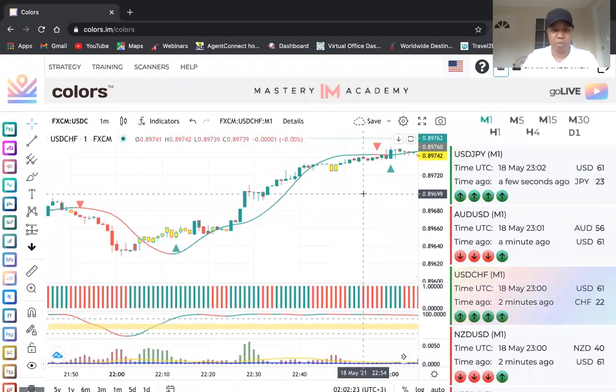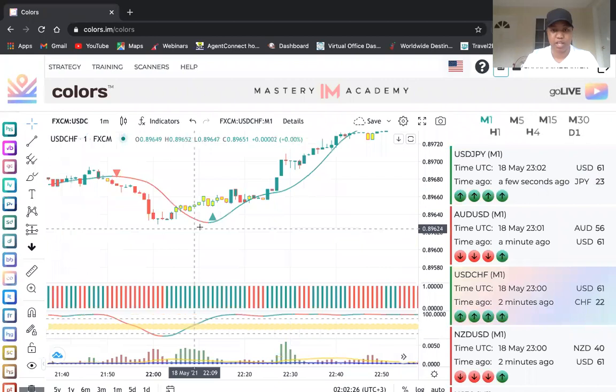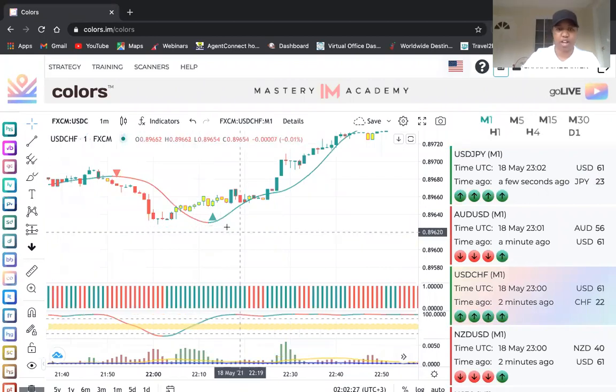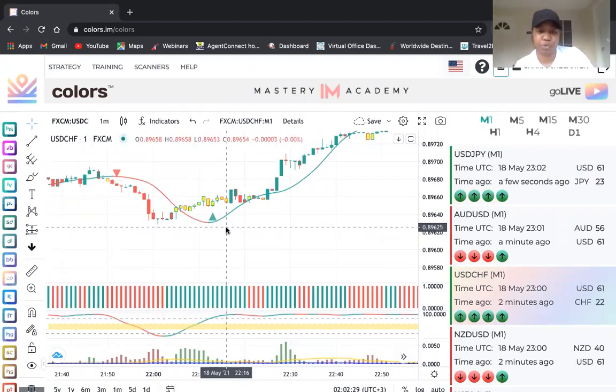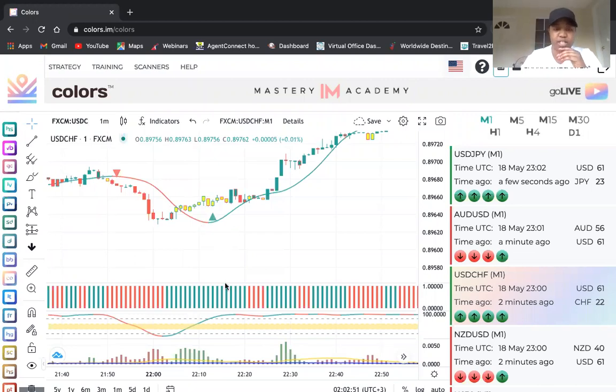Now, if the green box was still here and you're looking for a buy, this is what you're looking for. You're looking for a green triangle. You're looking for a green EMA. And as you can see right here, some transition candle came right here with a green outer line, right? So that's 1, 2, 3, and your box would have been 4, right? Then you're looking for green bars right here.